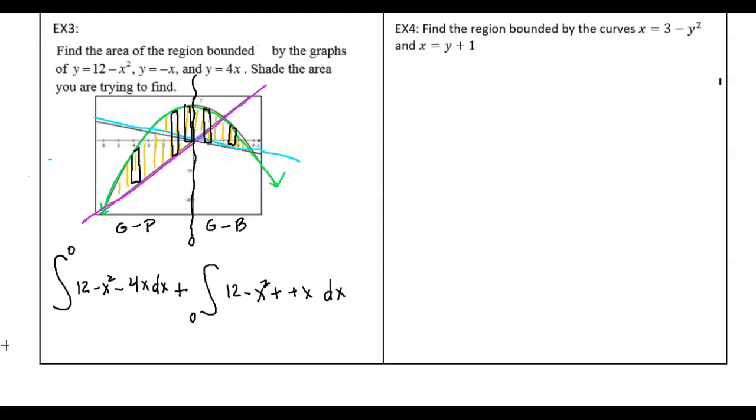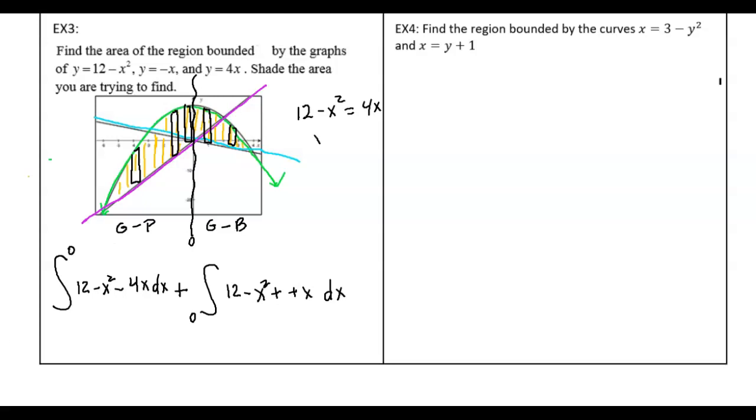Okay, so we need to find out where these are. So I need to find out where these intersect. It's probably just quick for me to do these by hand. It's really just a choice. So I'm going to really look at where the green is equal to the purple, which is 4x.